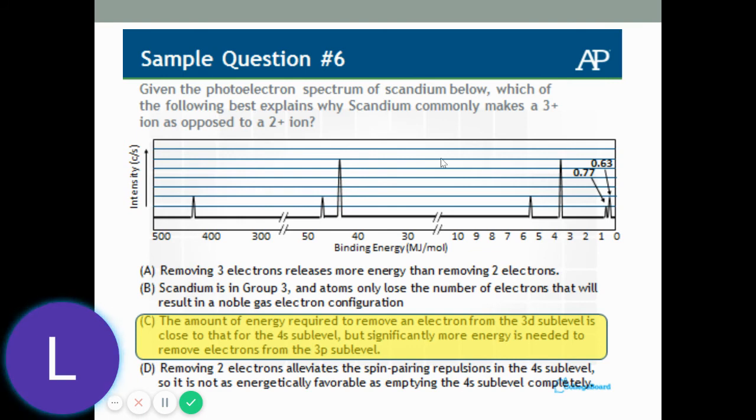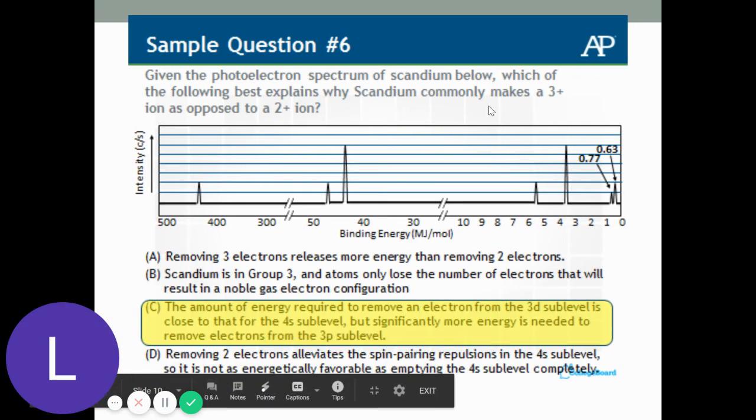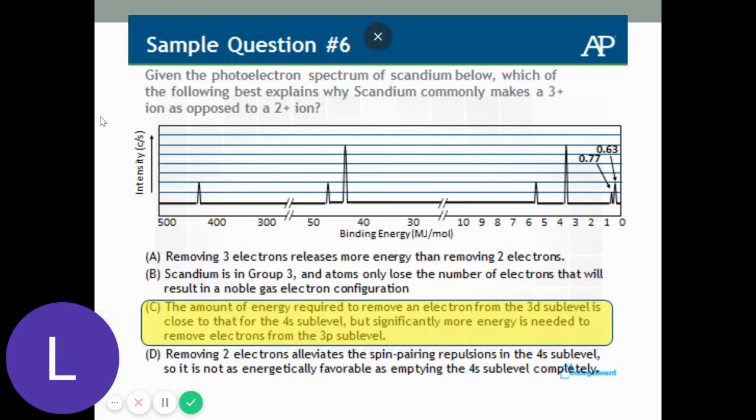All right, given the spectrum below, which best explains why scandium commonly makes a 3+ ion as opposed to a 2+ ion? What this graph is showing, and remember, you want it to reference the spectrum shown, because it says, given this spectrum, what best explains why it would make a +3?